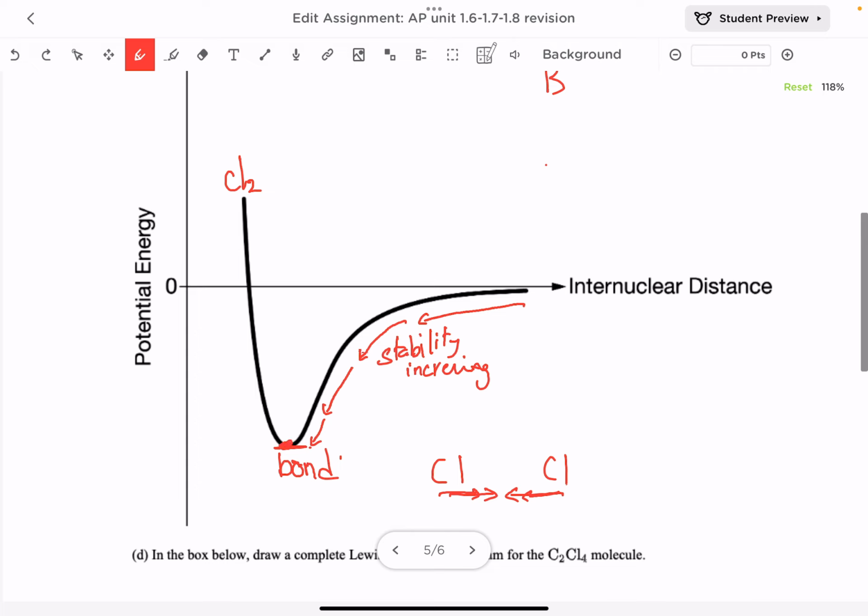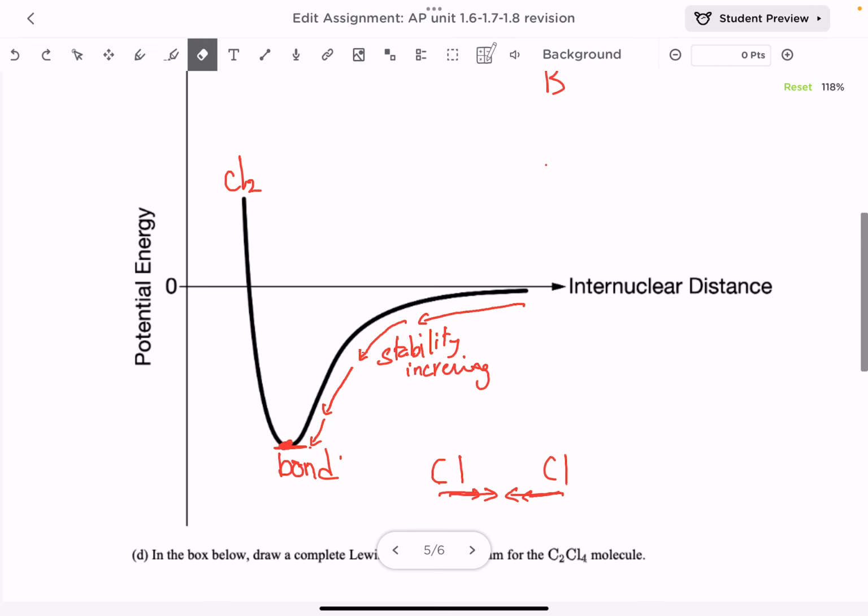At that point, this is the maximum stability that a Cl2 can have. So this point is called the bond energy. Beyond that, if the two atoms came closer to each other, they start repelling each other, lowering their stability.